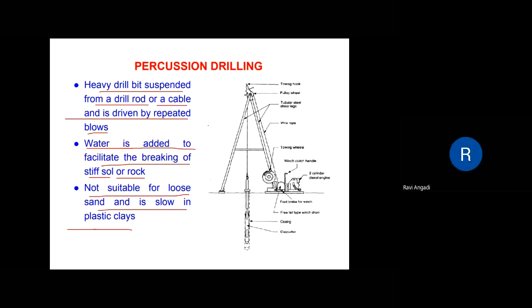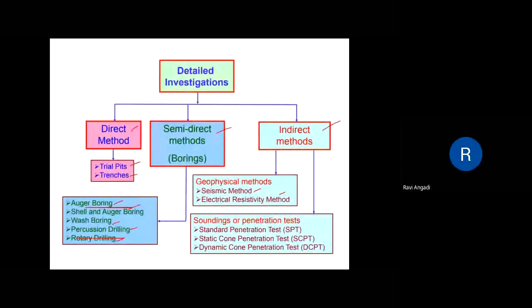Even from field tests, the vane shear test is there, and also plate load tests and penetration tests are there, which can be done on site if required by the in-charge engineer. So these are the investigations we do in a site by getting the information about the site, and also getting the samples and testing in the laboratory.